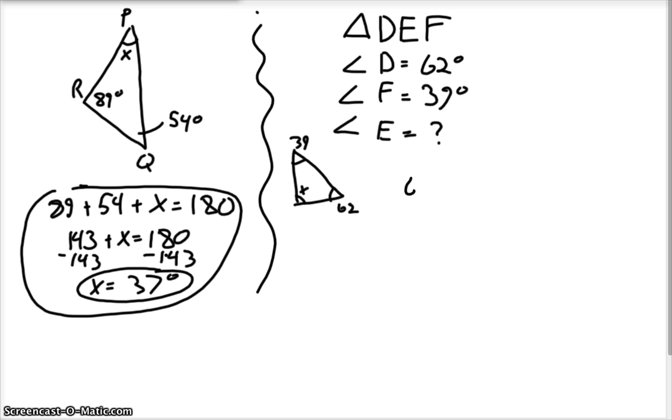So again, we set it up the same way, 62 plus 39 plus X equals 180. And after you do all the work, X will equal 79. 79 what? Not 70. 79 degrees. That's right. 79 degrees. Okay, let me know if you got questions about this, about finding the missing angle, but we're going to move on.